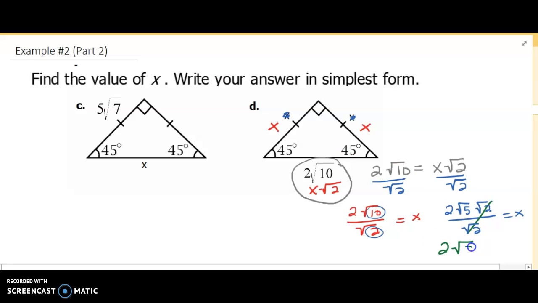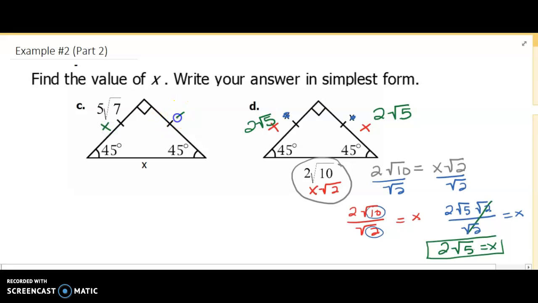So this is just 2 square root of 5 equals x. Okay. Now after I've solved for x, I can substitute x in. Well, 2 square root of 5 for this leg, 2 square root of 5 for this leg. So we're done. Okay, I want you to go ahead and do C on your own, and then we'll go over it. Make sure you label all these correctly.